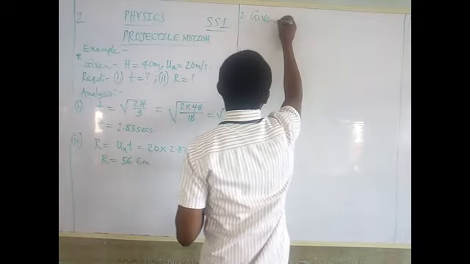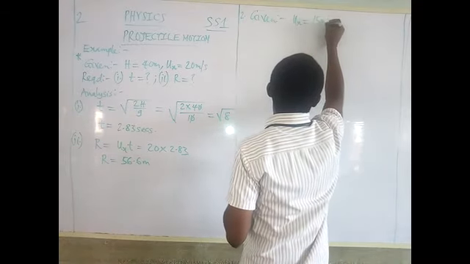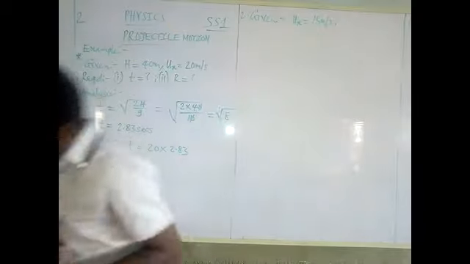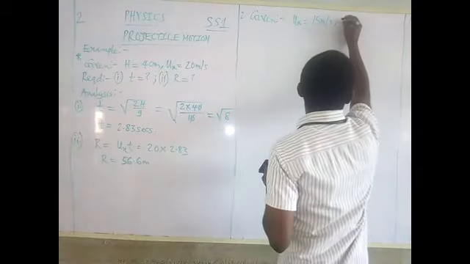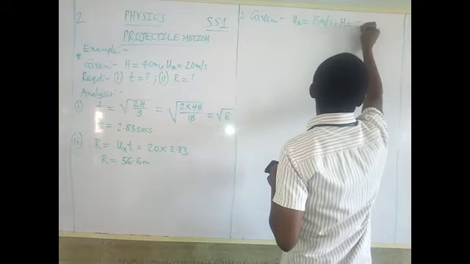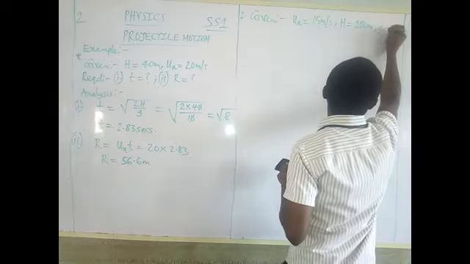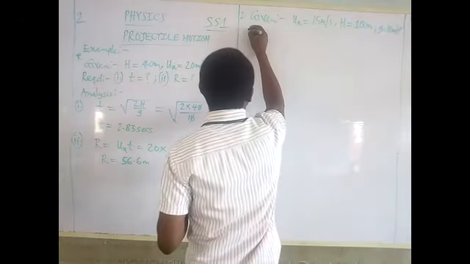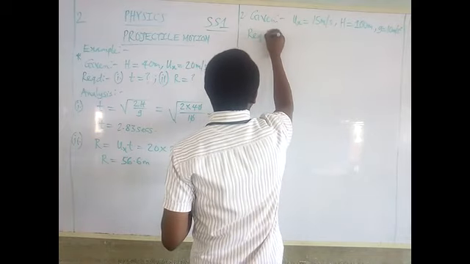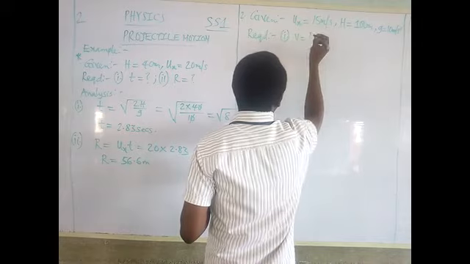Given u subscript x to be 15 meters per second, and then we are also given the height, our h is also given to be 100 meters. Then don't forget, even if you don't know g, our g is 10 meters per second square. The question wants us to look for the velocity with which the body strikes the ground, and that is our v.